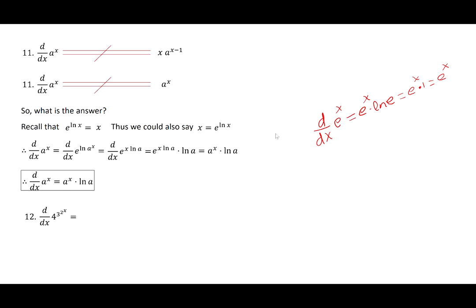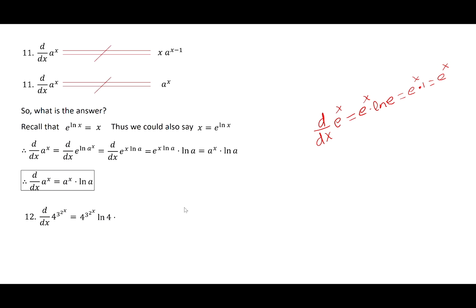4 to the u with respect to u. Right? 4 to the u with respect to u is 4 to the u natural log of 4. That means 4 to the 3 to the x times natural log of 4. Are you okay with that part? First part. 4 to the u.